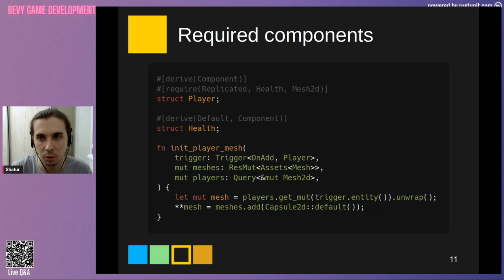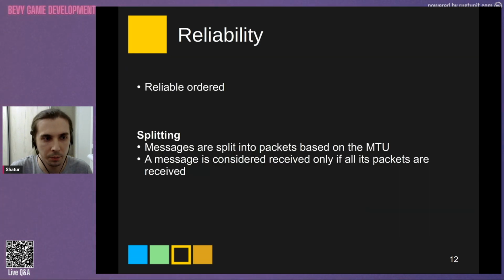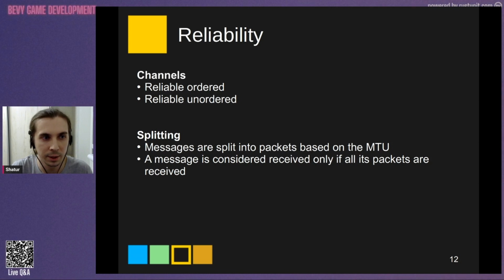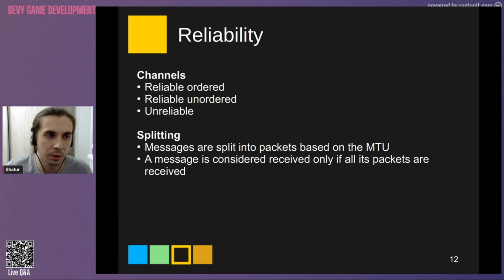Okay, so moving next. Now, how to actually send replication messages over the network? The thing is, messaging crates provide us with three channels: reliable ordered, unreliable, and unordered. And when messages are transferred over the network, they are usually split by MTU.